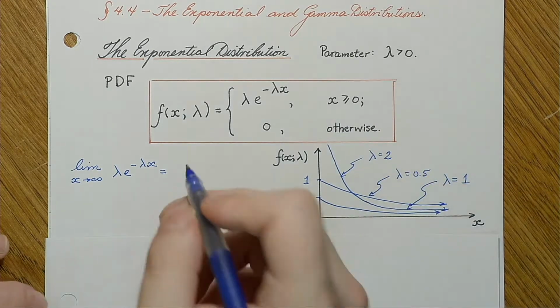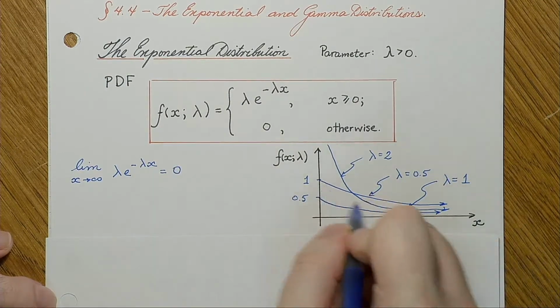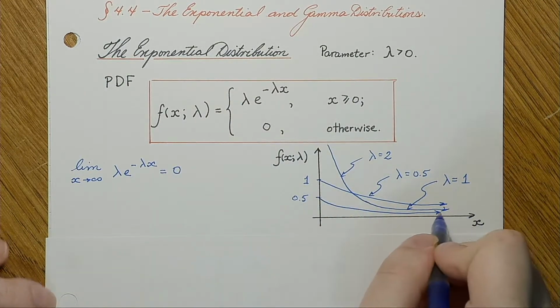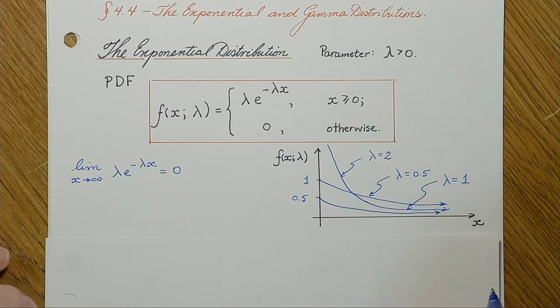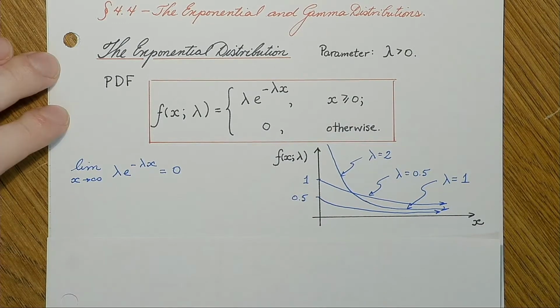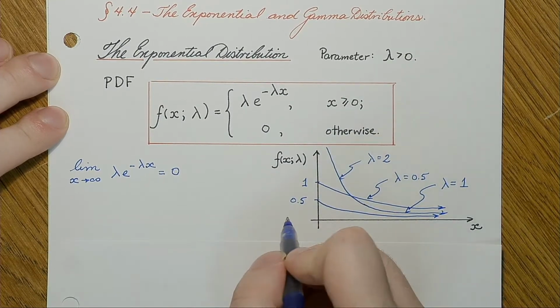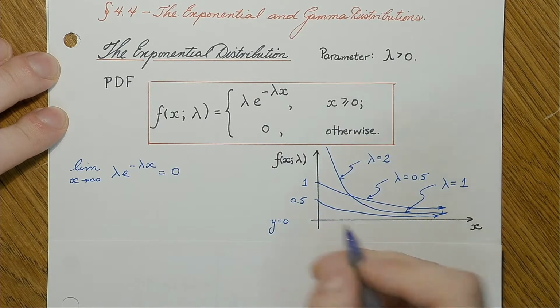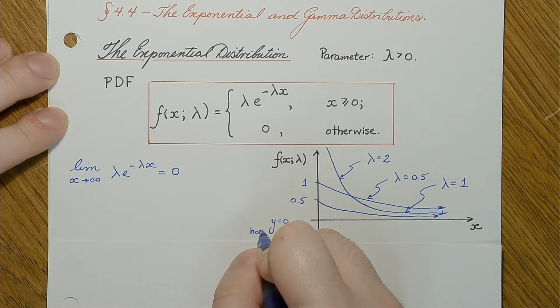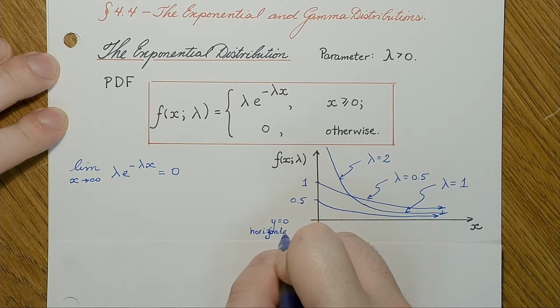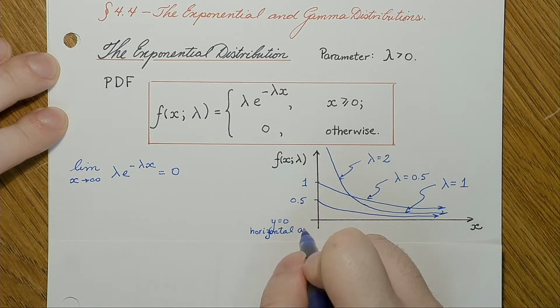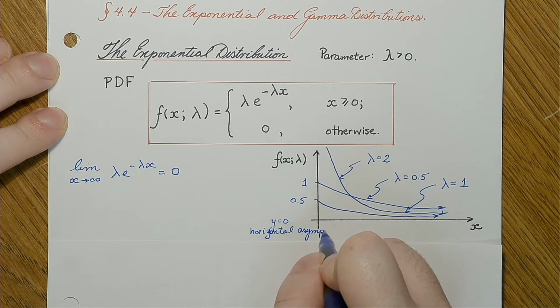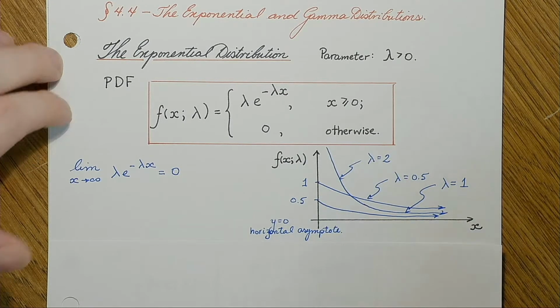Yep, it is 0. So as I'm going out to positive infinity, these should be getting close to 0. So you can say then that if you were to graph this, y equal 0 is a horizontal asymptote.